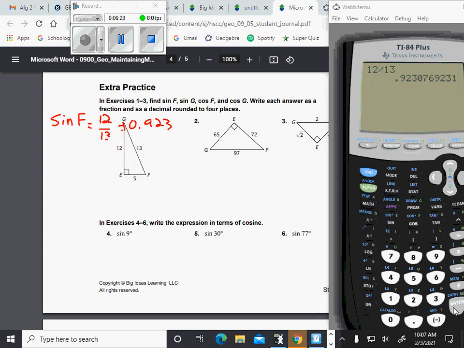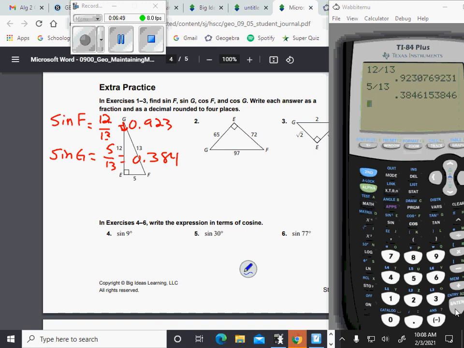Now let's find the sine of g. This angle is equal to 5 over 13. If you type that into a calculator, 5 divided by 13, you get 0.384. Now, let's find the cosine.